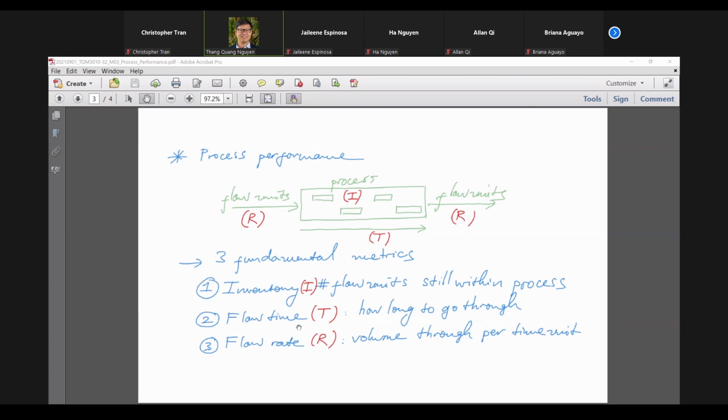But remember, this law only works with averages. Let me share it with you, discuss it a little bit, and then we will go through a series of examples, and hopefully that will help you make much more sense of Little's Law.